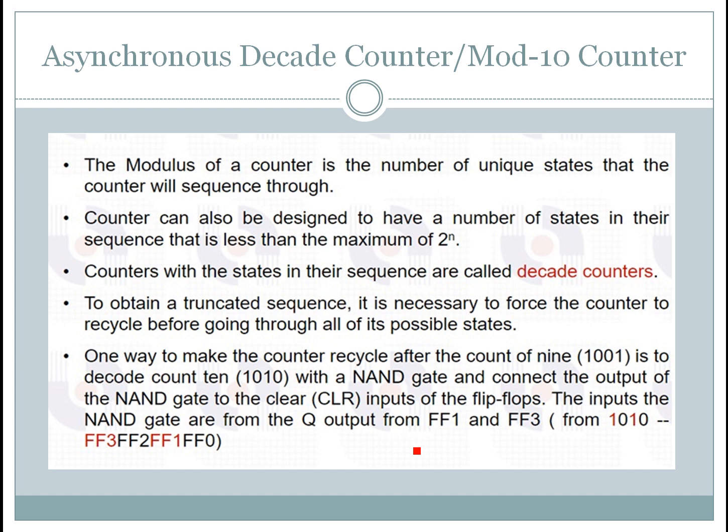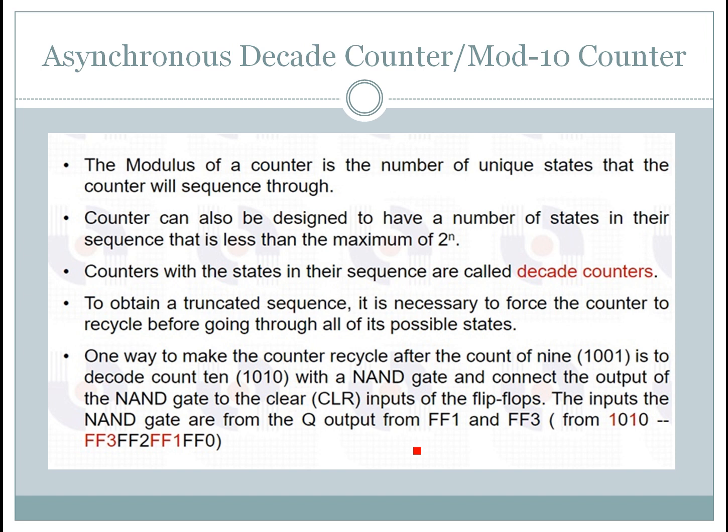So here, mod 10 counter, it has to count from 0 to 9. 9 in binary is 1001, so to represent 9 it requires 4 bits, which means to design the mod 10 counter it requires 4 flip-flops.